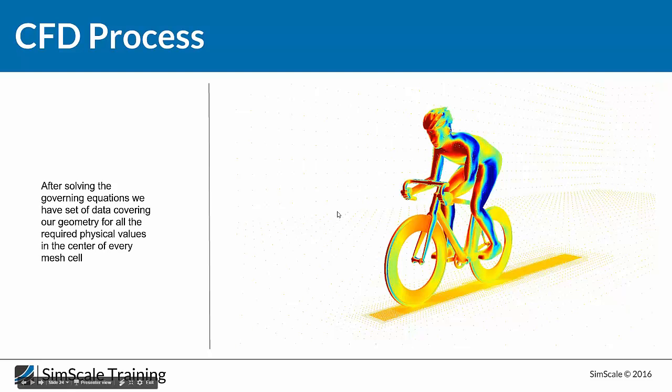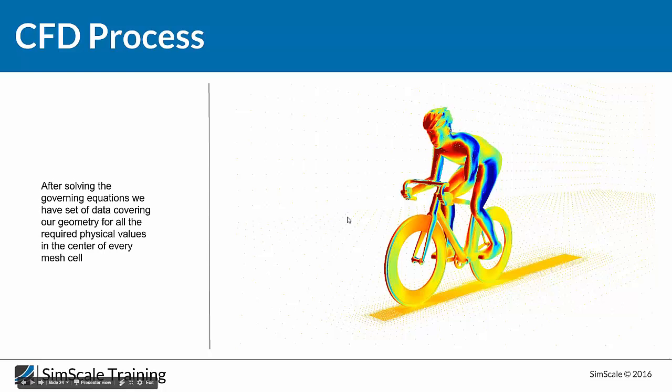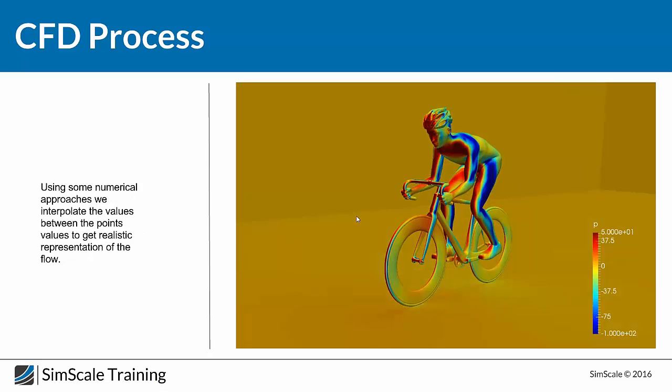As you can see, there are these small dots. These small dots are at the center of every cell. And the density is changing because, as I told you, of the size of the cells. We change this size according to the region of interest. And later, the next step, using some numerical approaches, we will interpolate the values between the two or three points to get this smooth distribution of the physical values.